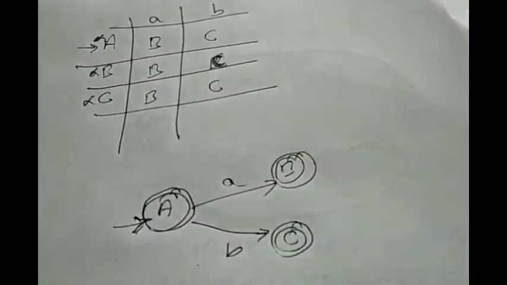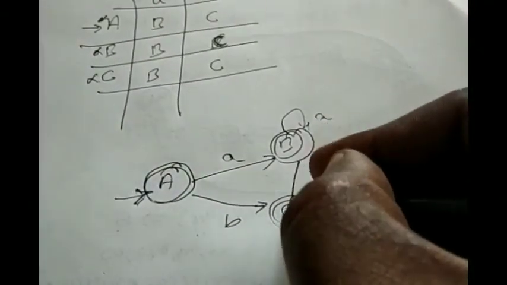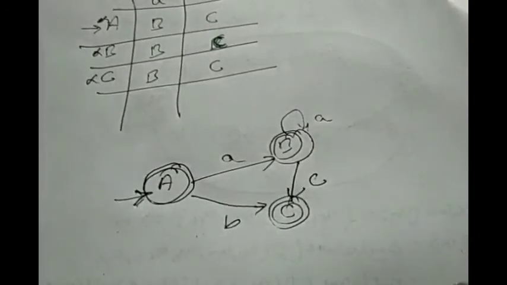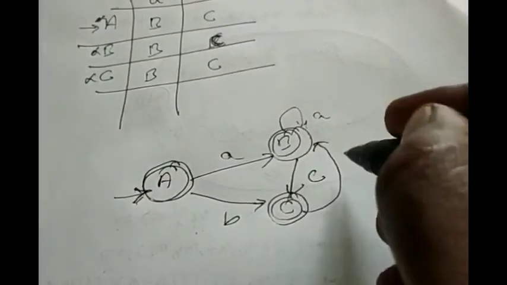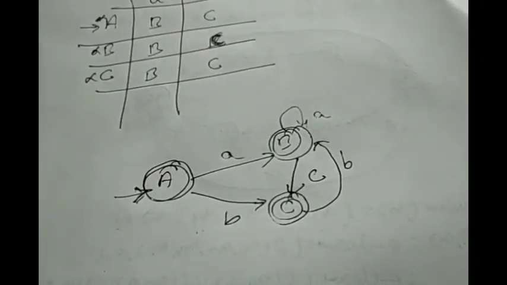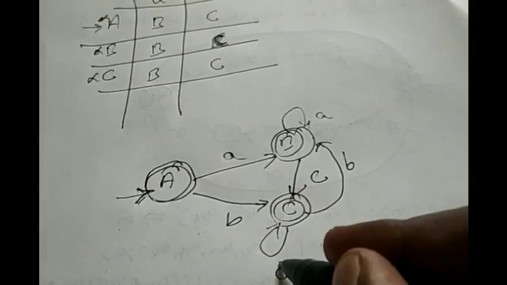So when I apply A, it goes to B. When I apply B, it goes to C. When A is applied on B, it goes to C. In C, when I apply A, it goes to B here. And in C, when I apply B, it goes to C itself.